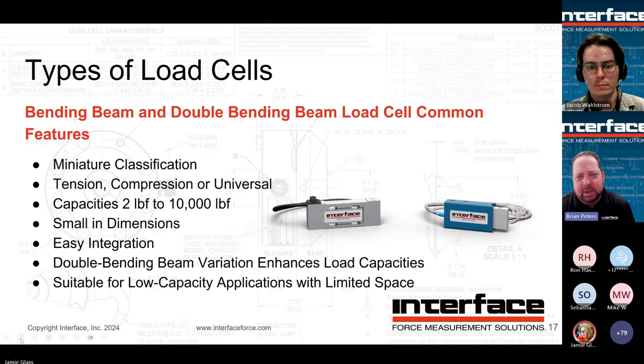Bending beam and double bending, these are also very common, real popular for integration into machines, typically lower capacities. And we offer a couple different flavors of these, which we'll show from a flexure standpoint that bring different feature sets depending on the model family there.